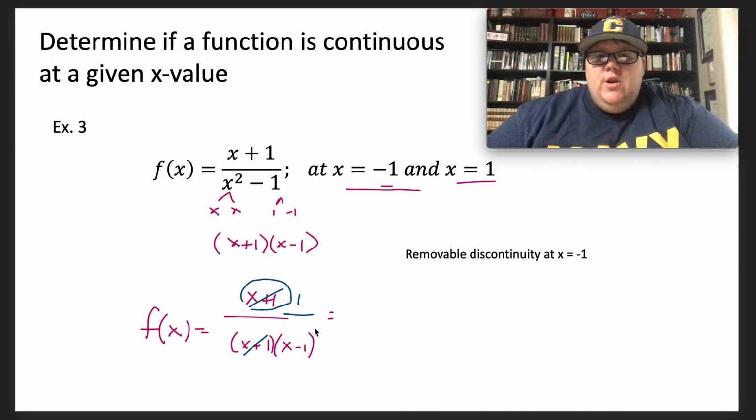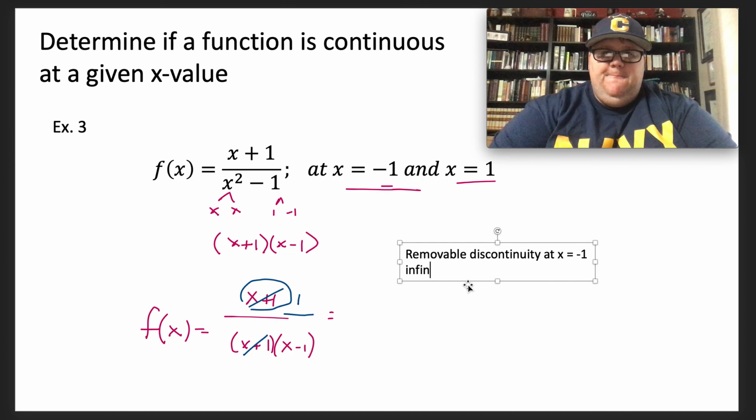And then notice that left me with 1 over x minus 1. Well, I can't remove that. I can't remove the x minus 1. So at x equals -1, there's going to be a hole in the graph. At x equals +1, there's actually going to be a vertical asymptote. What we call that is an infinite discontinuity at x equals +1.